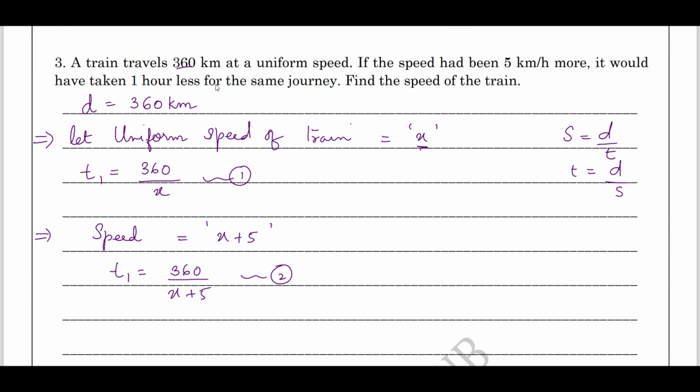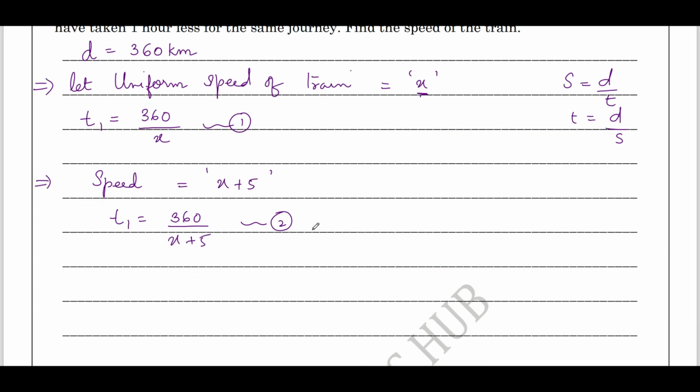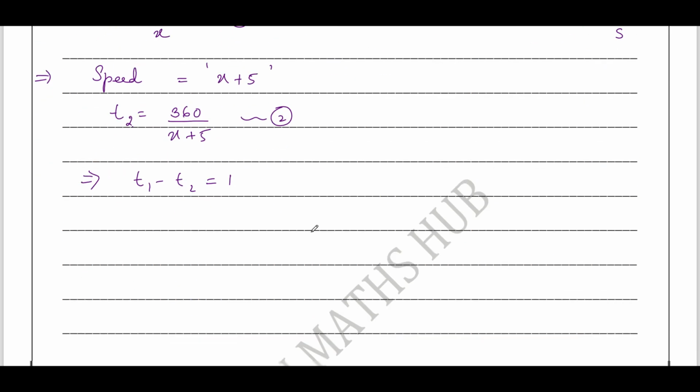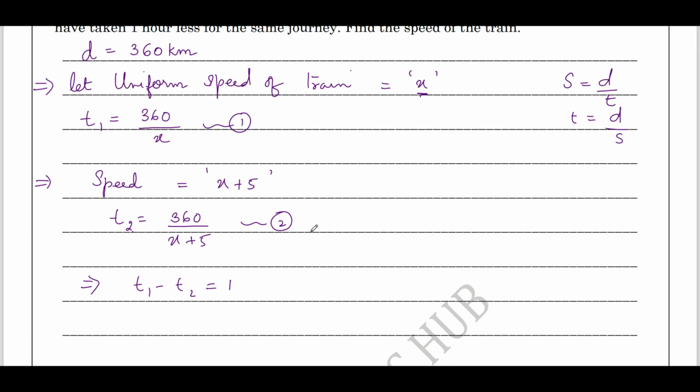It will take 1 hour less. The difference of time is 1 hour, that is t1 minus t2 equals 1. That is, if the speed has increased, it would have taken 1 hour less.